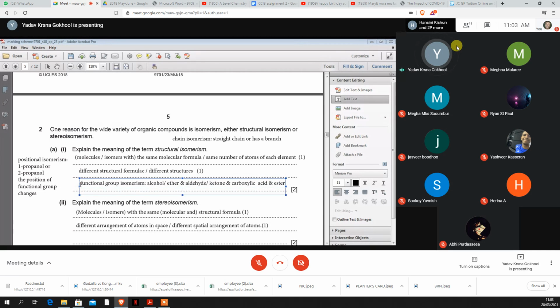You can also have alkenes and cycloalkanes.